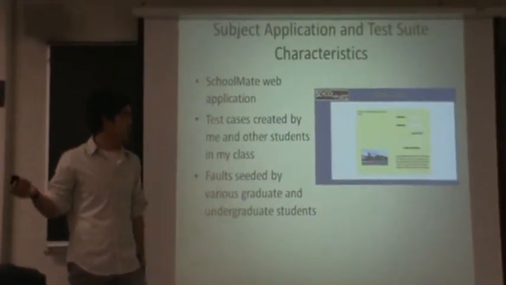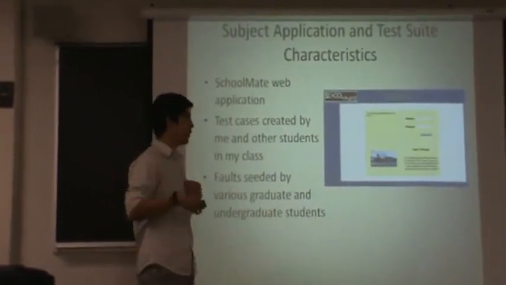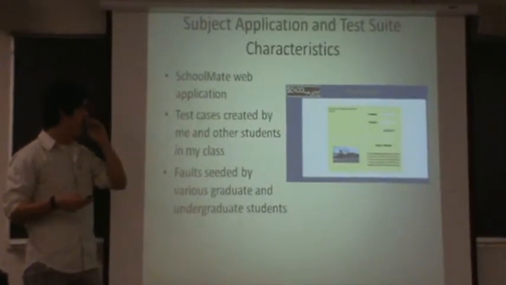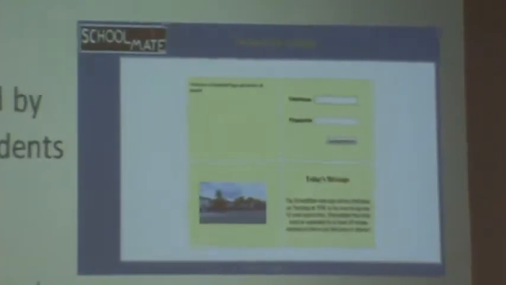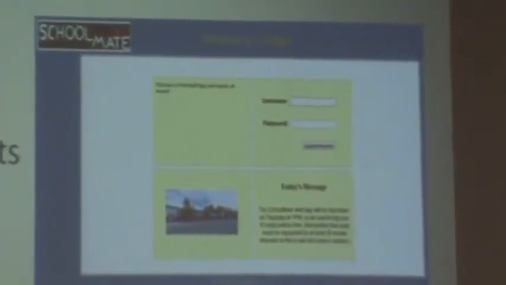So this is the application that was used to create the test suite and the faults. It's called Schoolmate, and this application was created specifically for my software testing class in order for us to experiment with it. Its functionality is essentially the same as RAMCT.